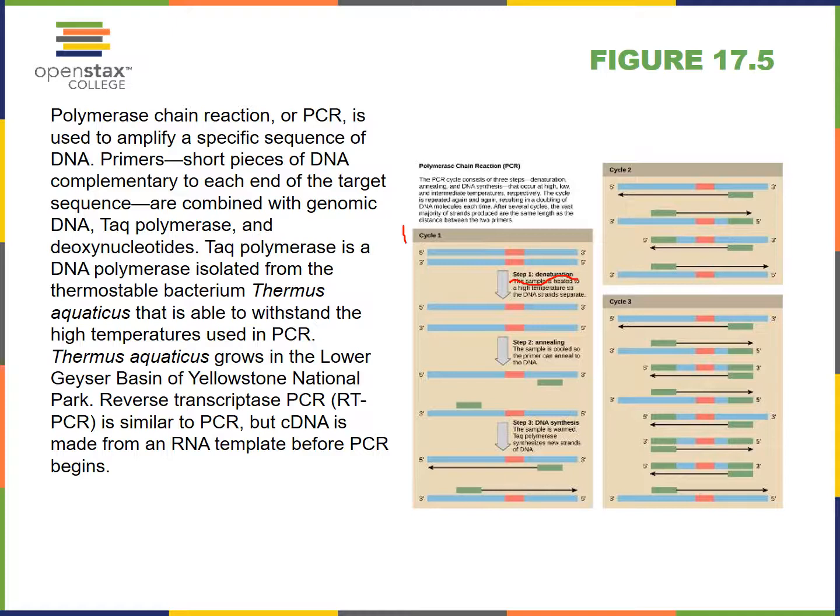The exact same thing has to happen in polymerase chain reaction. The difference is instead of using helicase, we're just using heat. So if we heat this sample up to 95 to 99 degrees Celsius, we will break the hydrogen bonds, but the covalent bonds will remain intact.